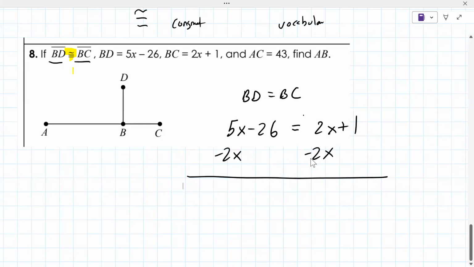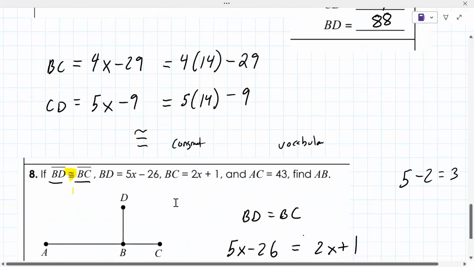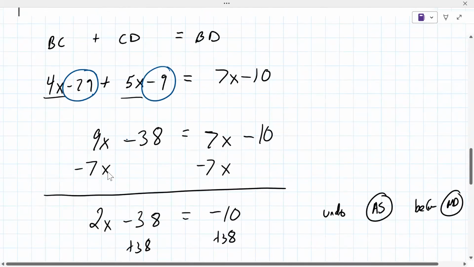5 minus 2, 3. Yeah, it's true. 5 minus 2 is 3, but that is not what I'm asking you to do. And this is like the third time you've given me the wrong answer. Go back and look at the previous problem here. What is 9x minus 7x? 2x.